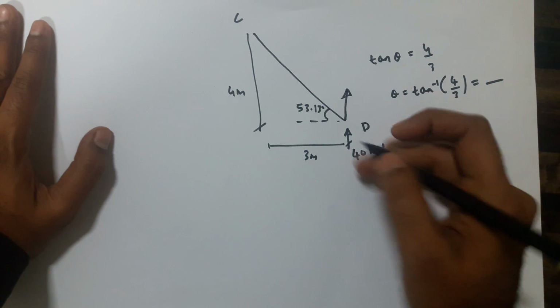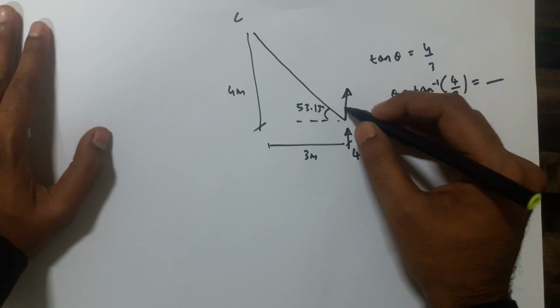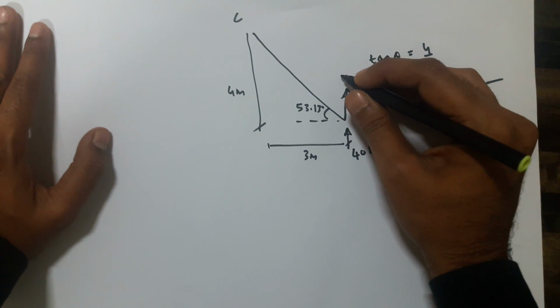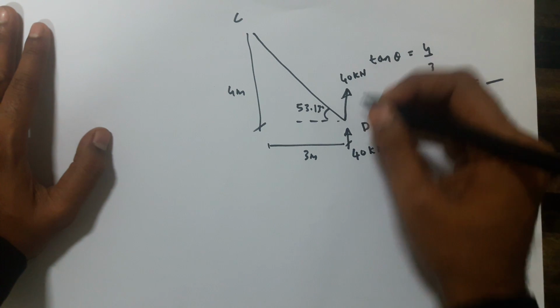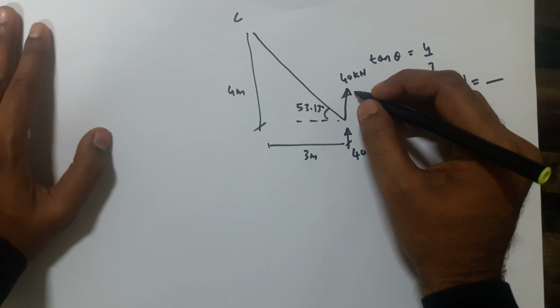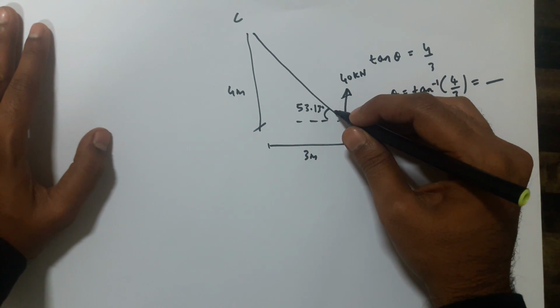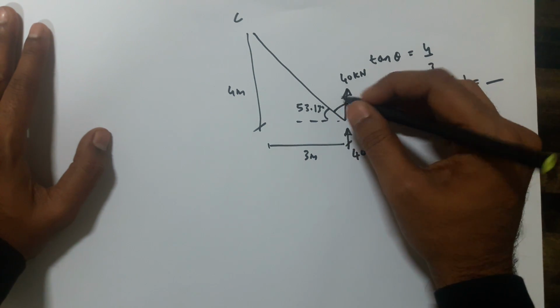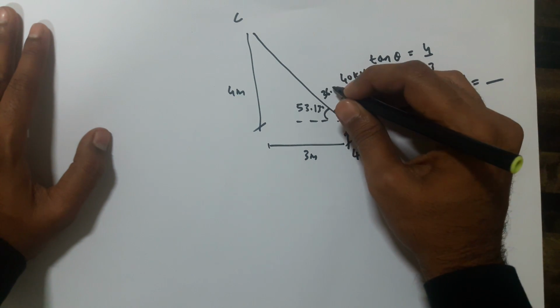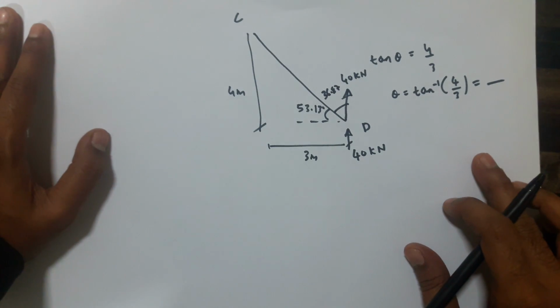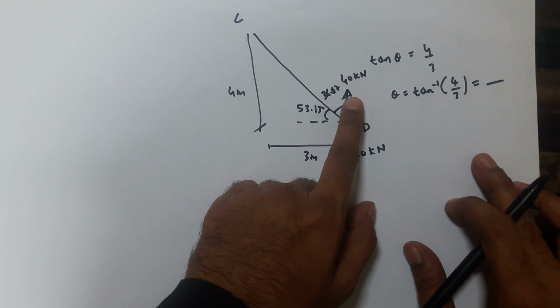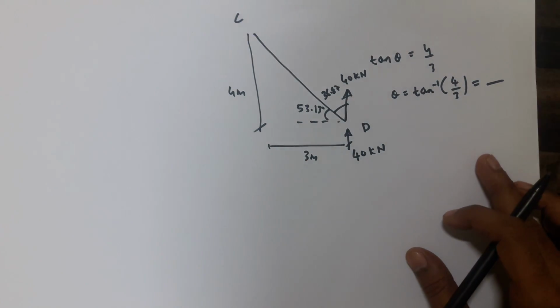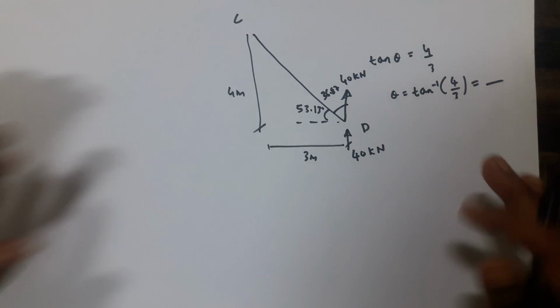This angle is 53.13. This is 90 degree, 40 kilonewton. This angle will be 36.87. Now see here, the force is having inclination with respect to the member.